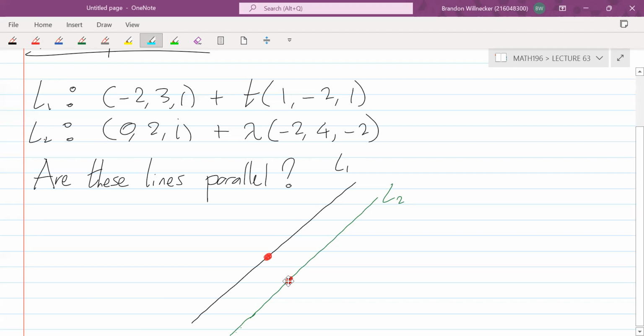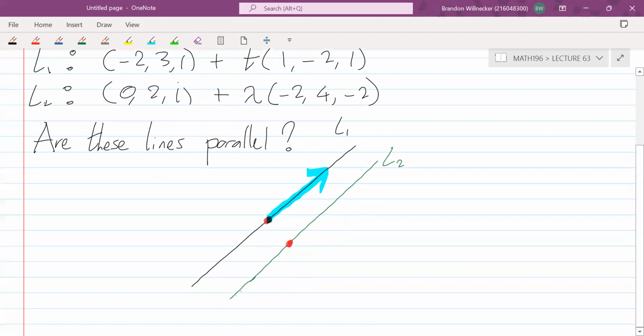So for the line L1, the direction vector is something like that. Remember, if we take multiples of this direction vector, then we move up and down the line. We showed that last time. And if we look at L2, we can have another direction vector. Maybe it's a bit longer, but it points in the same direction.